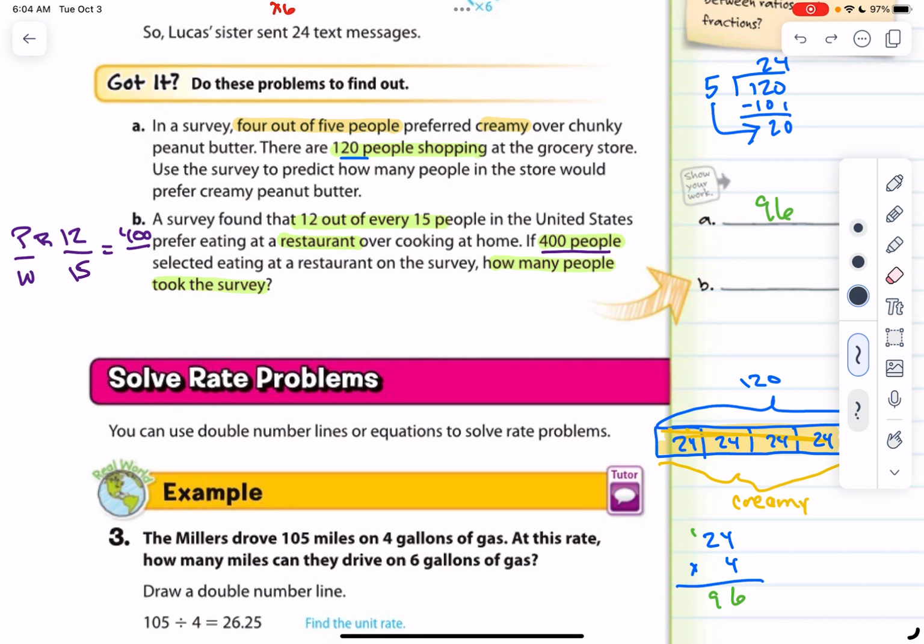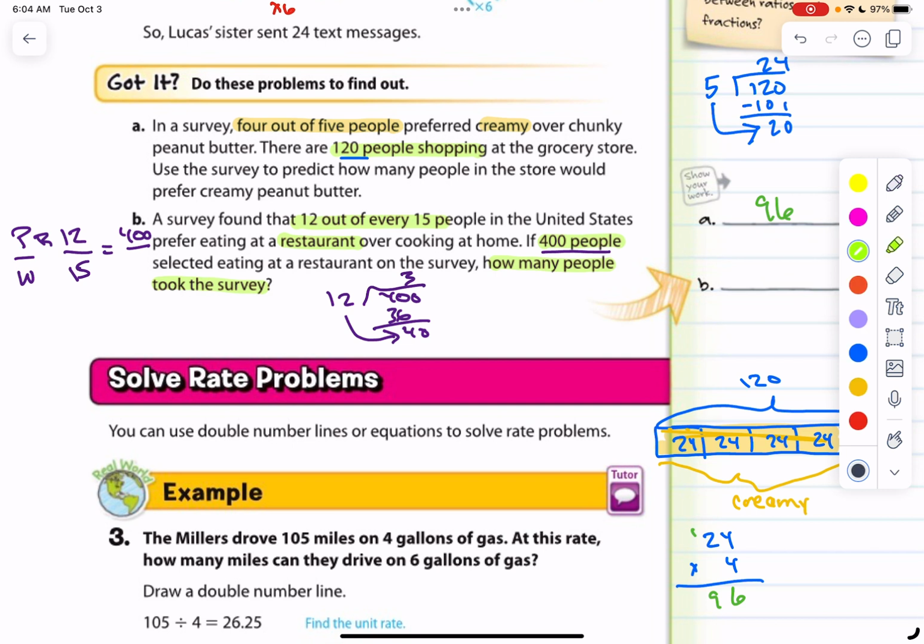So let me show you really quick. So 15, we need to do 12. 12 into 400, so 3, 36, 40. 12 does not go into 40 evenly, so how do we solve this problem?